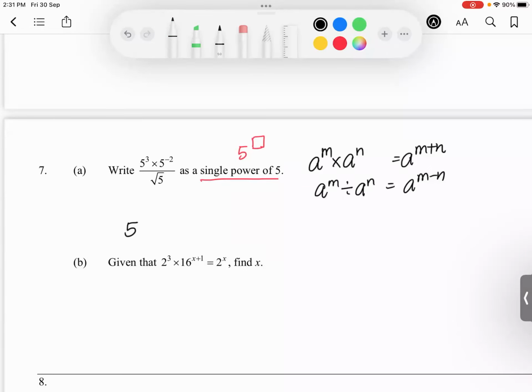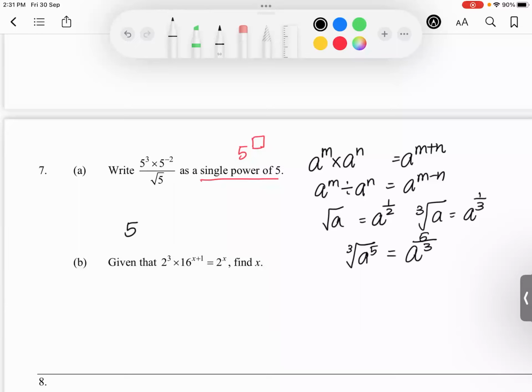Okay, there are other things down here. What is square root? Square root is a to the power of half. If I were to have cube root, then that would be a to the power of 1/3. If I have cube root of a to the power of 5, this will be a to the power of 5/3.